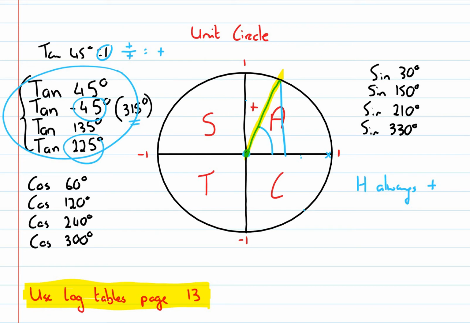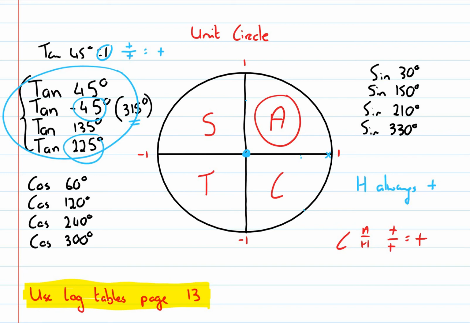And notice then the opposite side, which is here, that's positive because it's going on the positive y-axis. So cos is adjacent over hypotenuse, and the adjacent is plus and the hypotenuse is plus, and therefore we get the plus answer. And that would make sense because all sine, cos or tan is positive here.